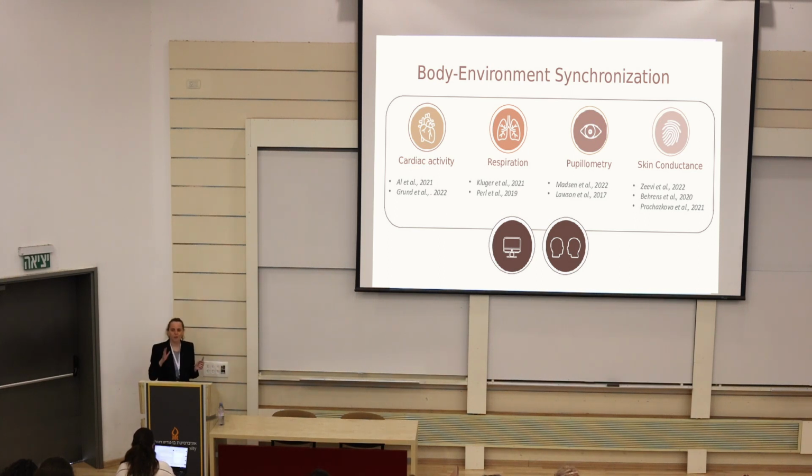Many studies from recent years show that the temporal dynamics, not only of the brain but also of the body, are critical for cognition and also for social interaction. Studies, especially from the recent five years, show that the temporal dynamics of cardiac activity, respiration, pupillometry, and skin conductance are super critical for perception and also when we interact with others.